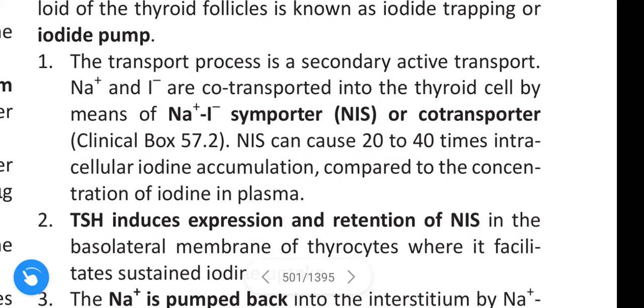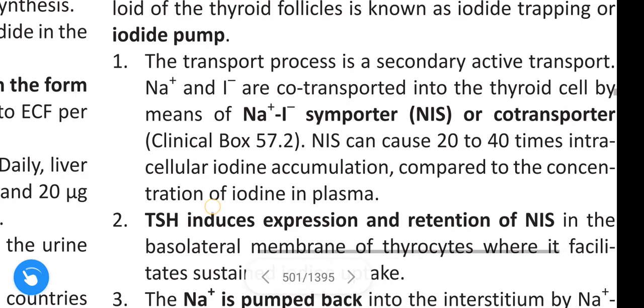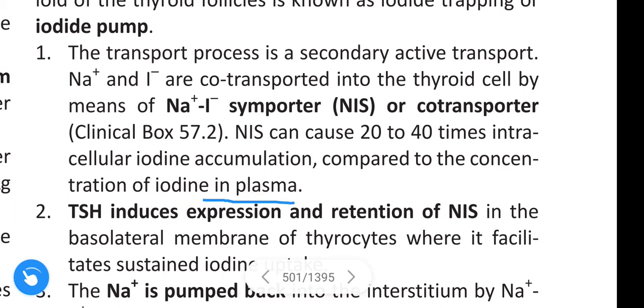The sodium iodide symporter can cause 20 to 40 times intracellular iodine accumulation compared to the concentration of iodine in the plasma.